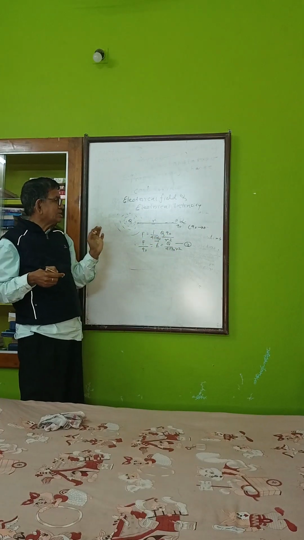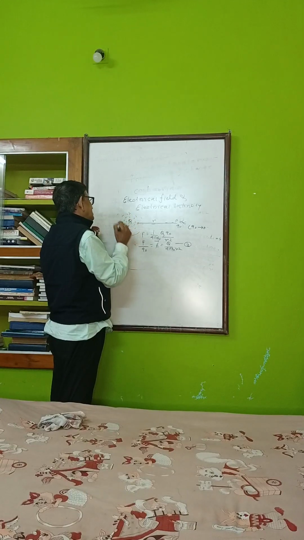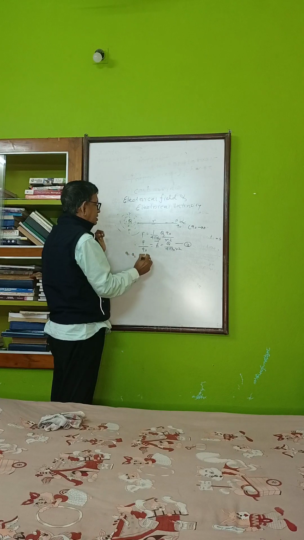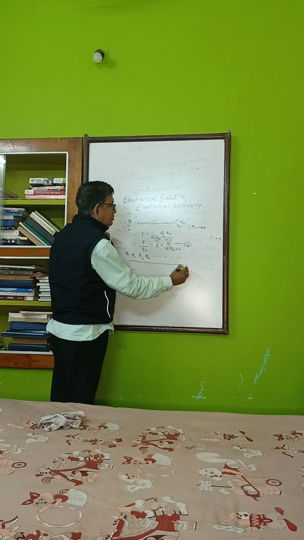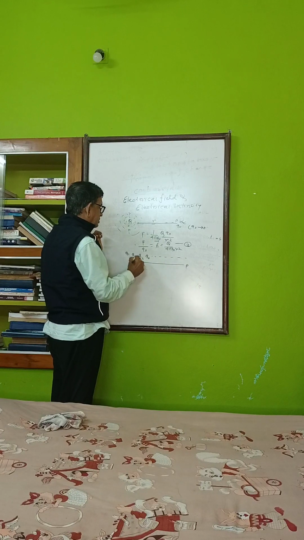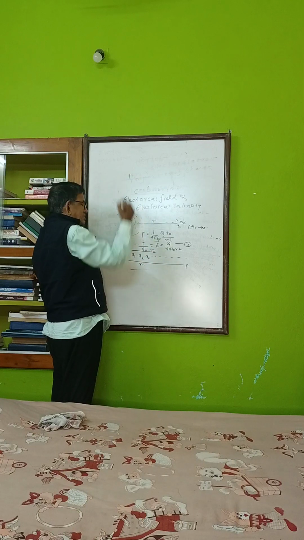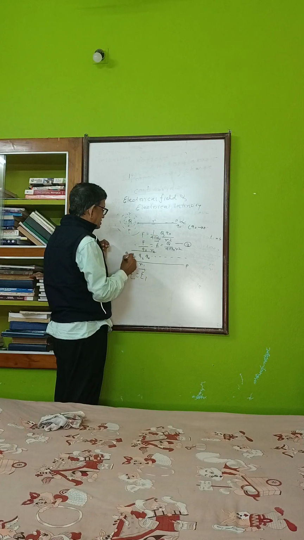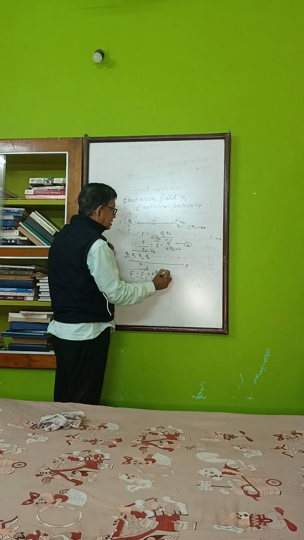Now suppose you consider so many charges, Q1, Q2, Q3, Q4 and so on, at distances R1, R2, R3, R4 from the point P. Then the total intensity will be the intensity for charge Q1, plus the intensity for charge Q2, plus the intensity for charge Q3.